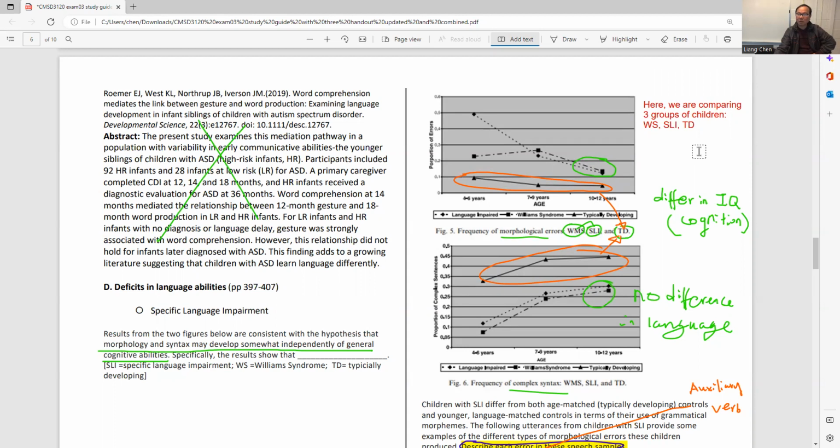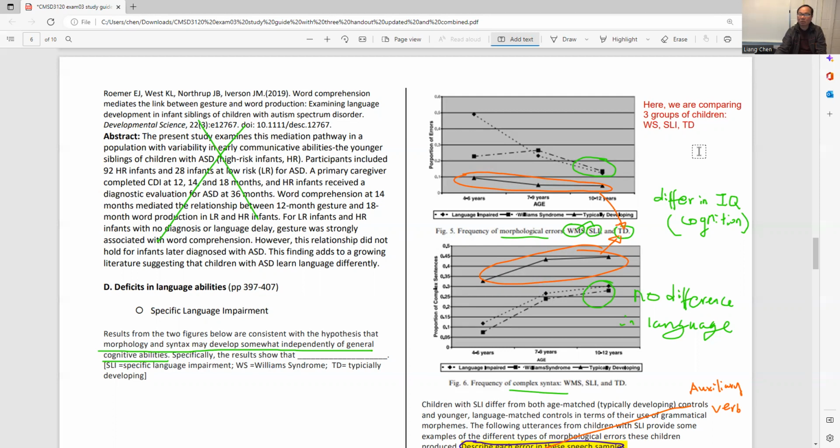So first of all, if we look at these two groups highlighted in green, children with Williams syndrome and children with specific language impairment, they differ in IQ.